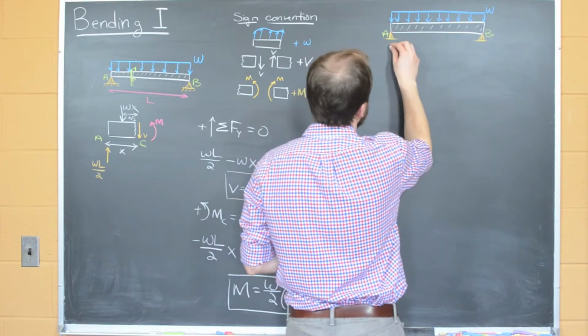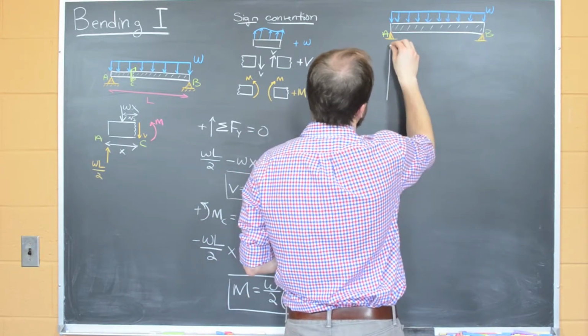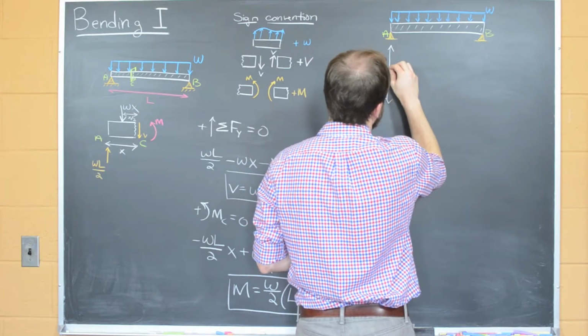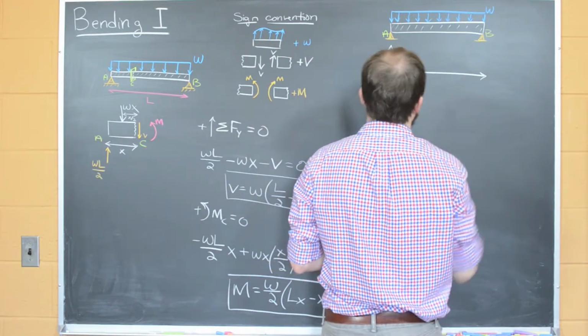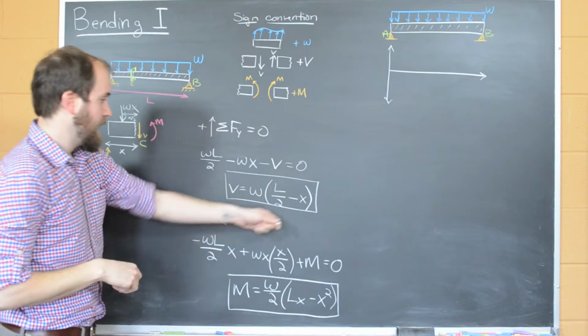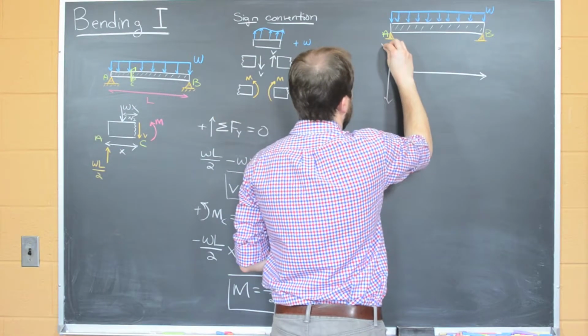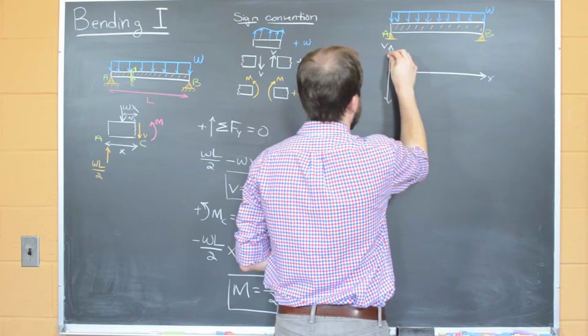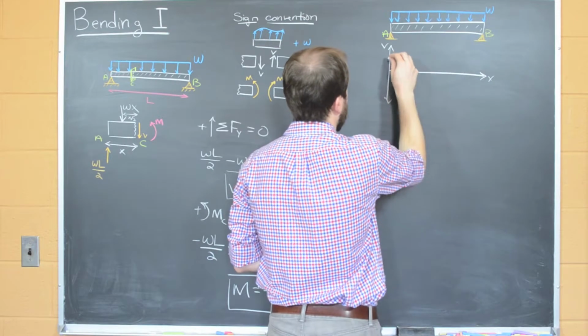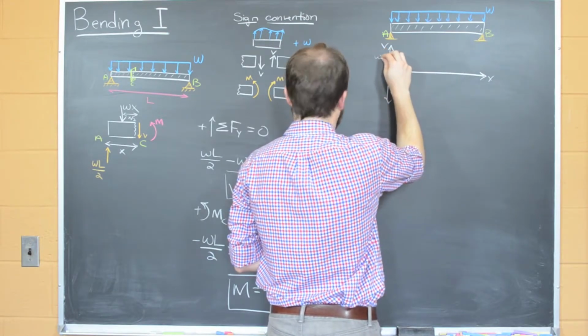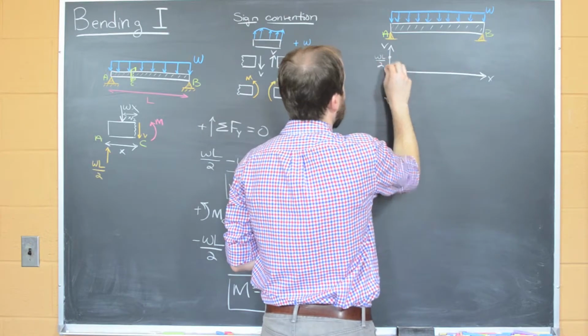is going to lead to a shear force V, which at x equals 0 is going to be equal to WL over 2. So if we plot V as a function of x, we can put a point here, which would be WL over 2.